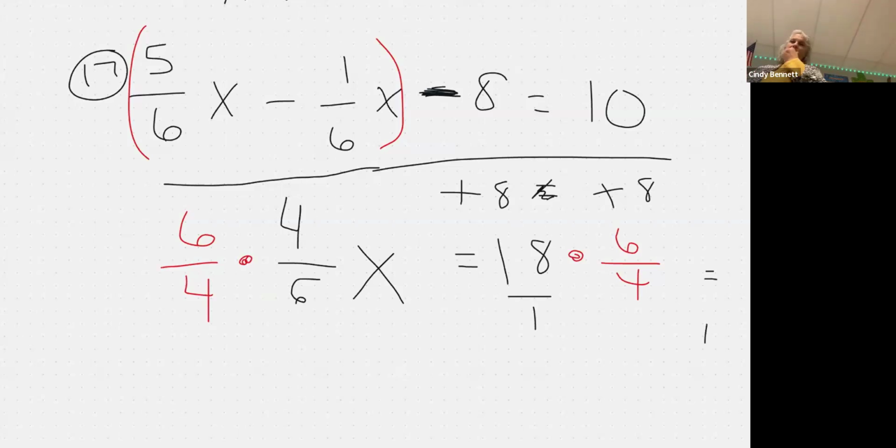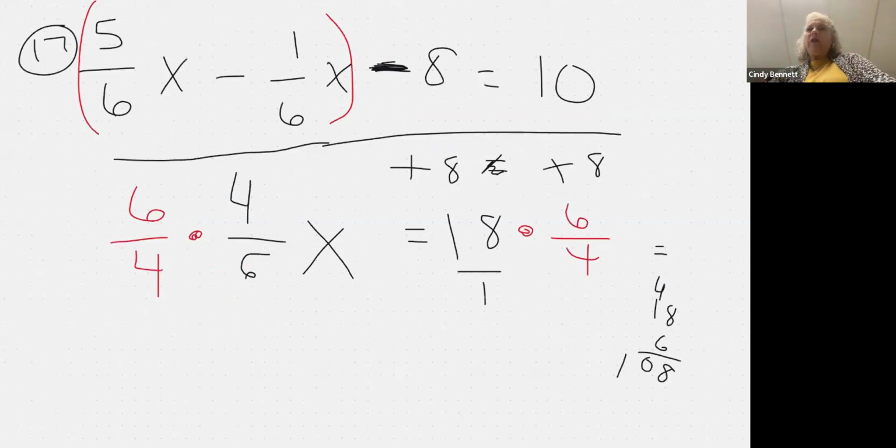I feel like it should come out even. Okay, so x equals, it comes out to, what'd you get?